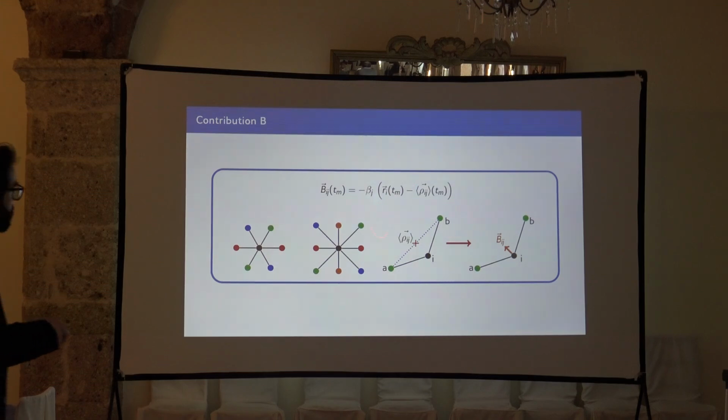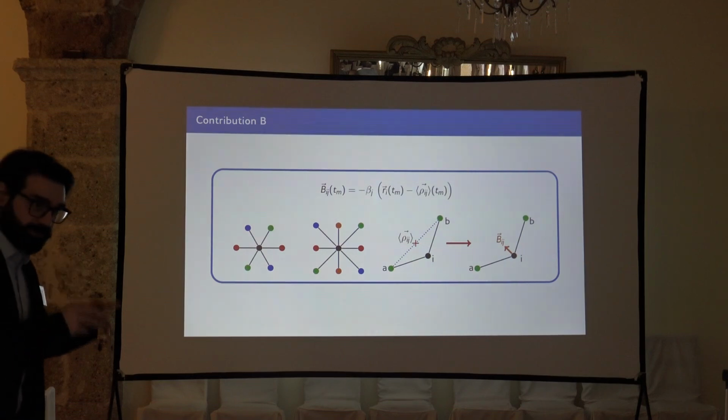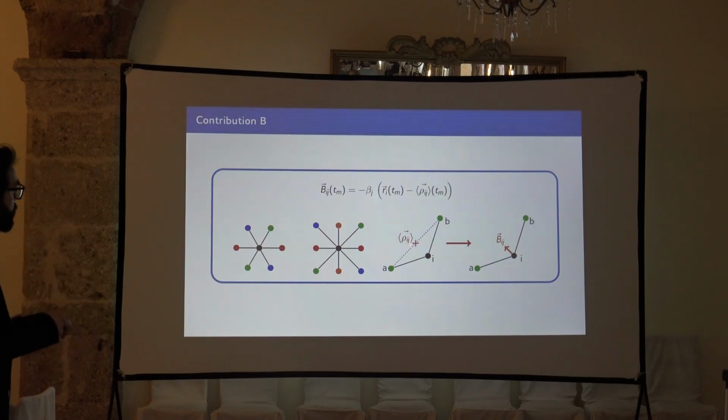This term is linear with the distance between the point E, the point on which we want to evaluate the interaction, and the middle point of the chosen couple, in this case the green, in a deformed configuration. So E is far away, and it has to get near this point.